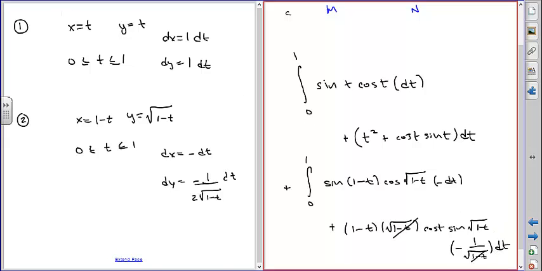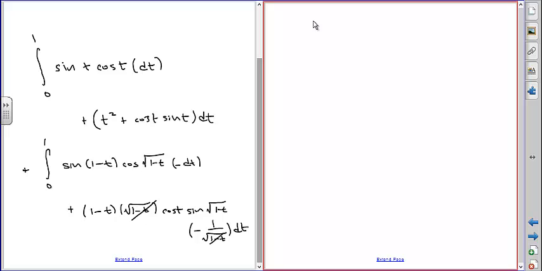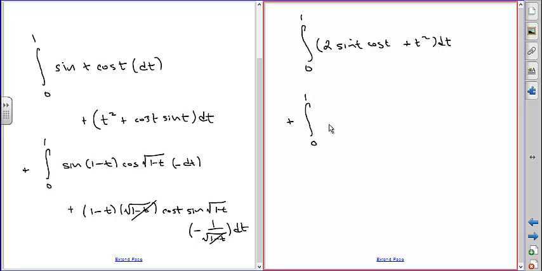I guess it's not impossible, because your first integral, you'd end up with 2 sine t cosine t, because you combine these two together, plus t squared dt, integrated from t equals 0 to 1. And then you'd have the second integral, from 0 to 1 of, I think you end up with this.